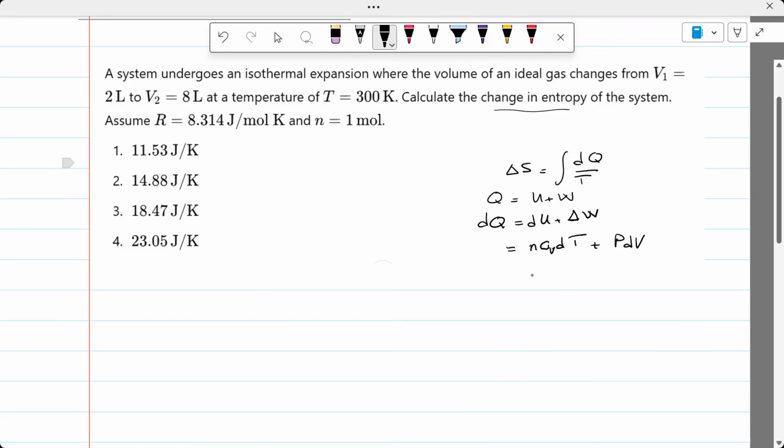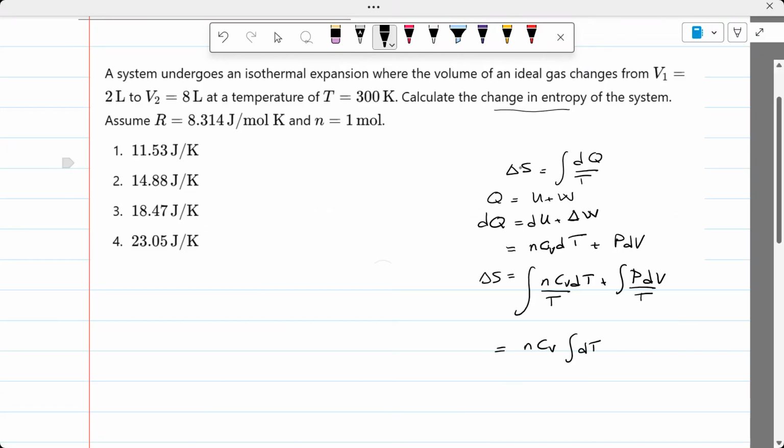So what I will do is try to integrate this. Delta S can be written as the integral of nCV dT plus the integral of PdV. One nice thing I notice is that nCV is constant for the same gas, so I can take that outside. And okay, I have to divide by T. Sorry about that, right?